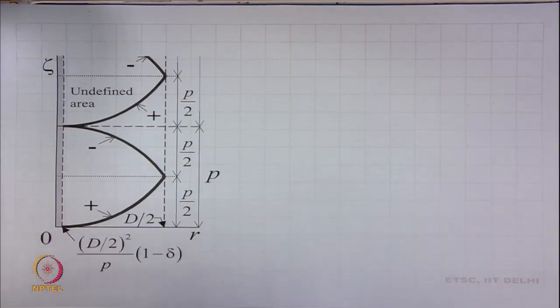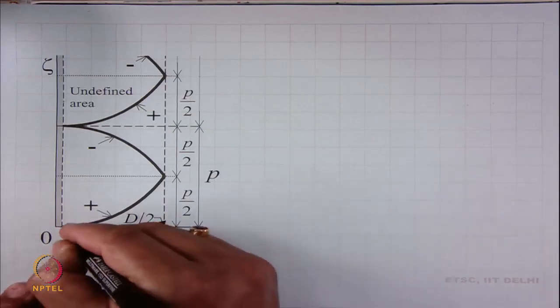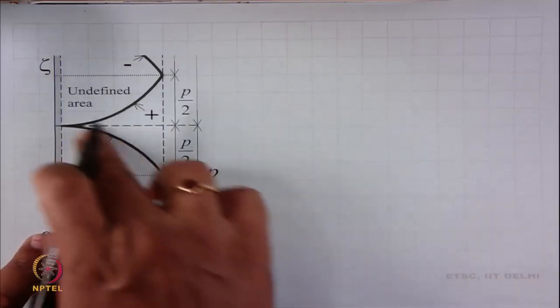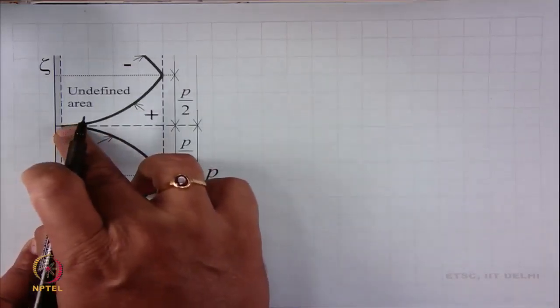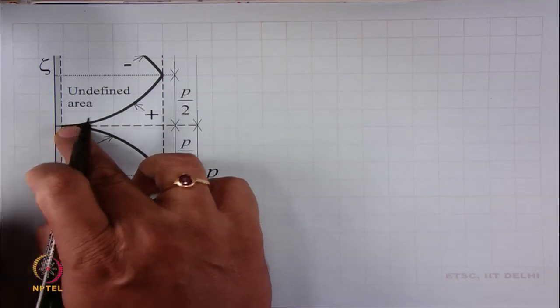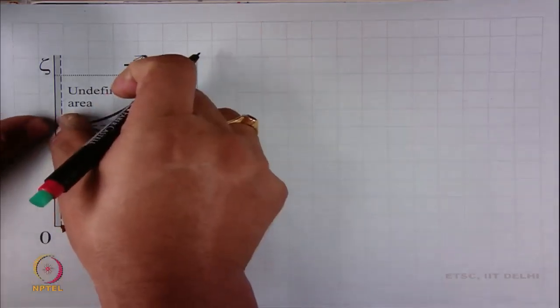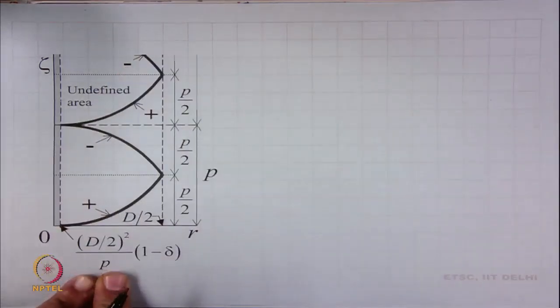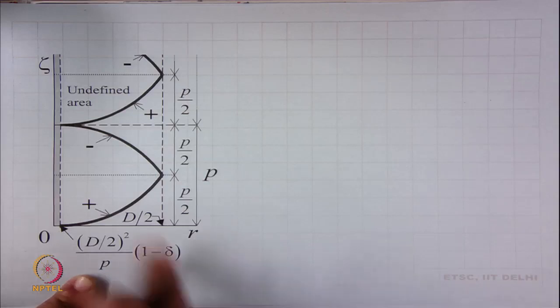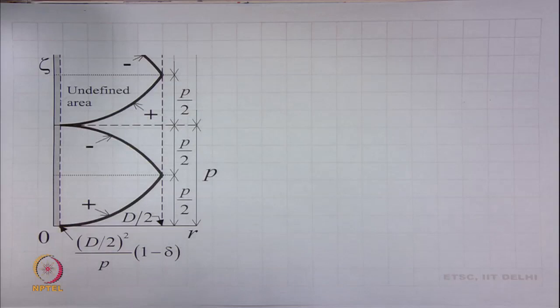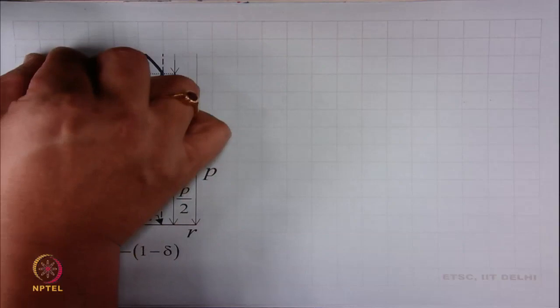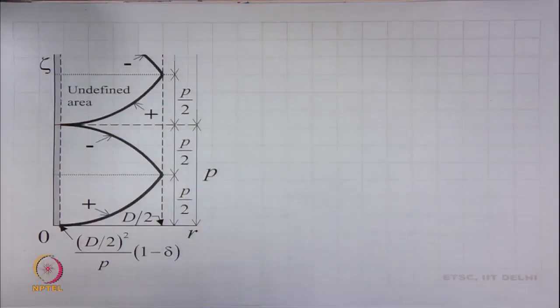So, probably the migration starts from here. It goes there, comes back, it is not touching the axis, a small distance is left. This distance is d by 2 square by p, 1 minus retraction. Again it goes and comes back. So, in this grey color region, migration is not taking place. This is the meaning of this.